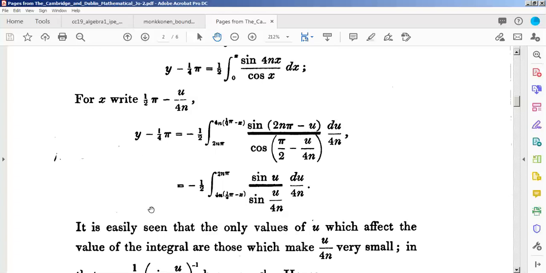So you get this integral. And speaking about the Gibbs phenomenon, so speaking about those peaks, right?